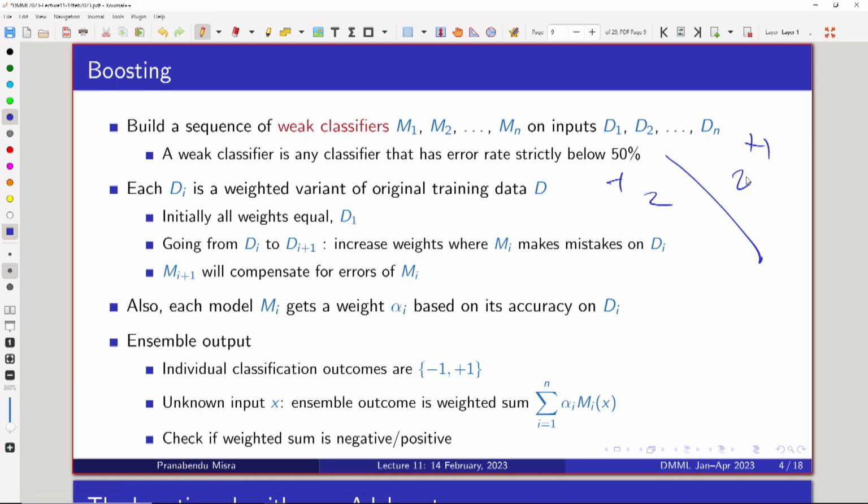So, if this weak classifier is actually a linear classifier or a linear function essentially, then you cannot boost it. It has to be a non-linear thing. And then a linear combination of non-linear things can actually be stronger than the original thing, right. So, that is one of the key things here.